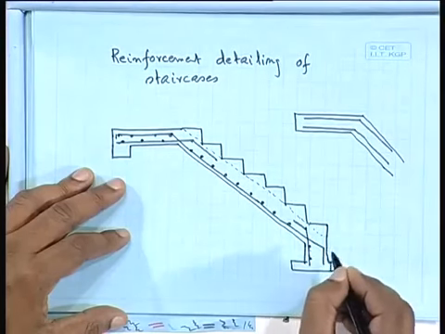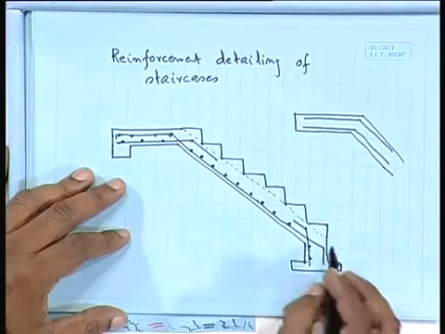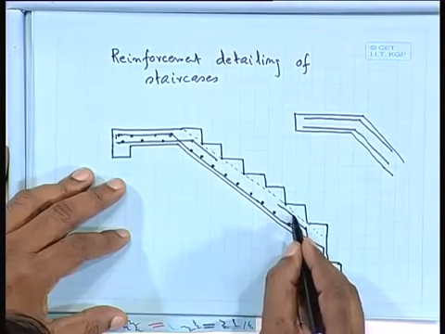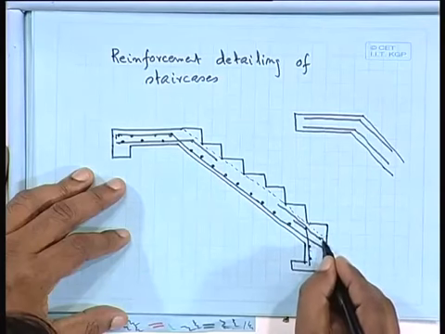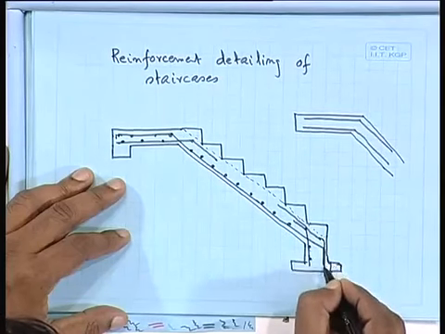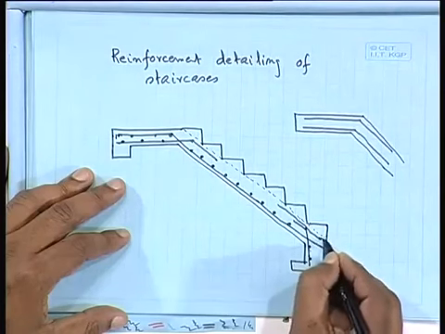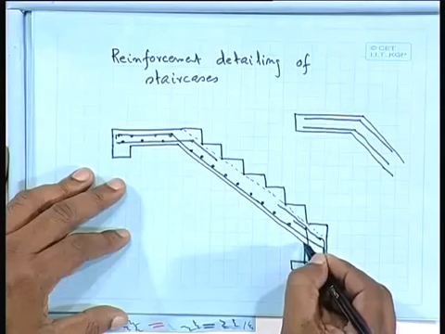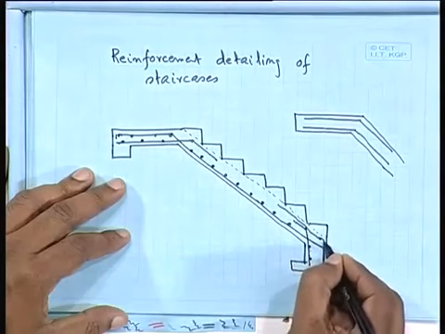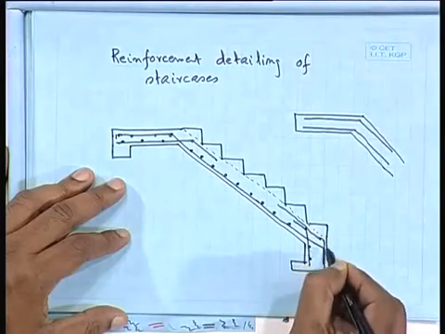Like that we provide the reinforcement, and the other reinforcement we also provide for the top one. We provide the reinforcement here, we go like this. Here there is no problem because this concrete will not go out, but here there is a chance of the concrete coming out because of the bending. Here there is no problem, so we can simply use the same directly.